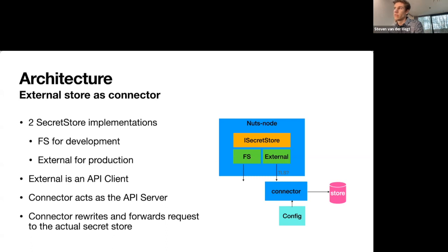So for local development, you can still use the file system store, which is insecure. And we've introduced an external store which implements the API client, and it connects to the connector. You feed a config file to the connector, and it connects to whatever store you would like. So this connector implements the SDKs of the store of choice.